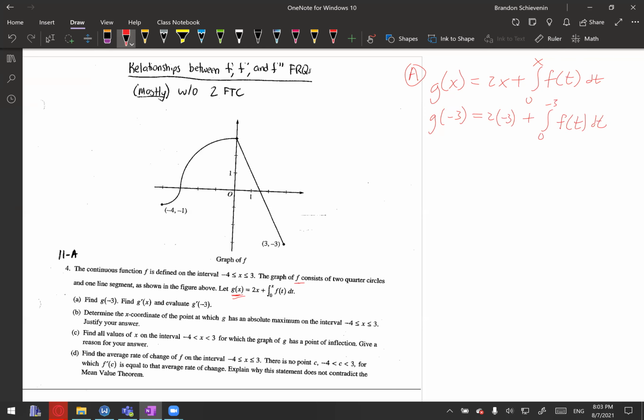Okay, and if we're integrating from 0 to -3, my upper bound and lower bound are actually flipped. And so before we actually solve this, the first thing I'm going to do is flip those bounds again so that we can integrate normally. The integral from a to b of any function is equal to the opposite sign integral from b to a of f of x dx.